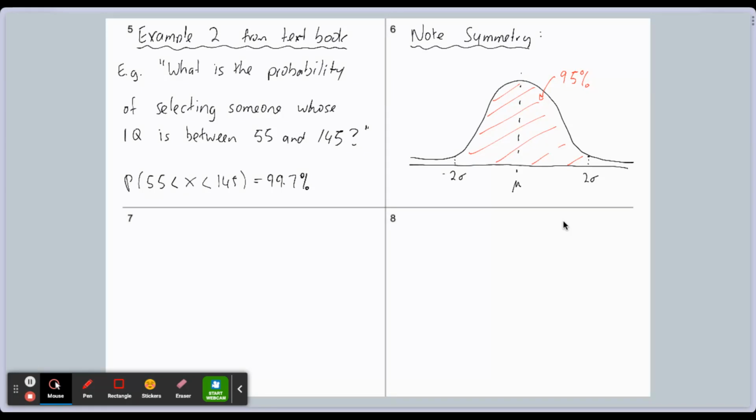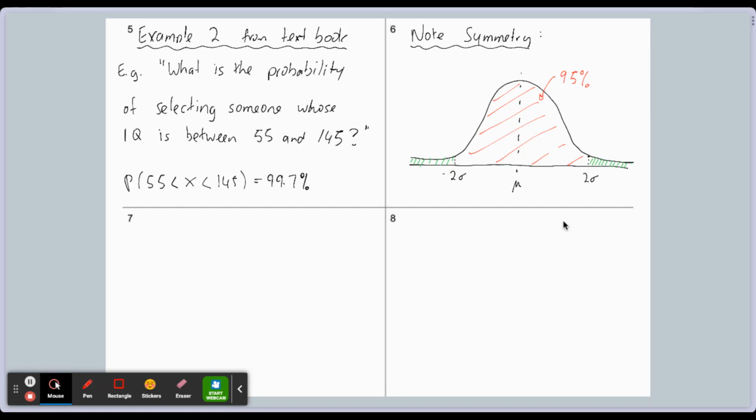Okay, I also wanted to note some symmetry about the normal distribution, and the symmetry property is this: if there's 95% between 2 sigmas away, like I've got here, so these 2 bits here would represent the other 5%, right?